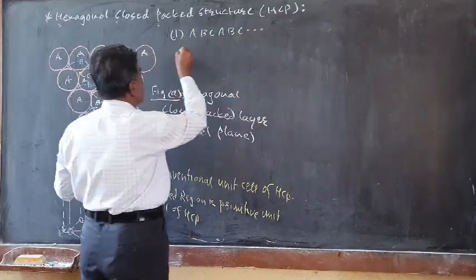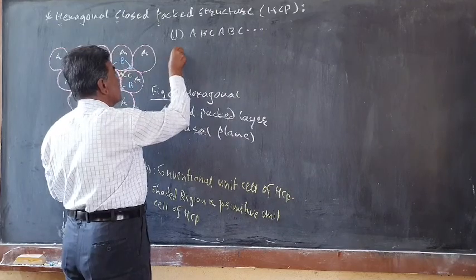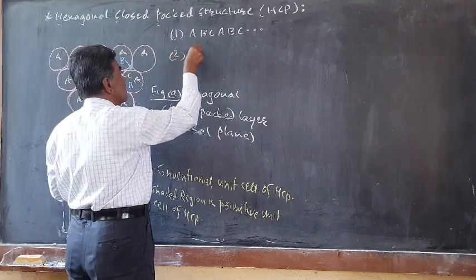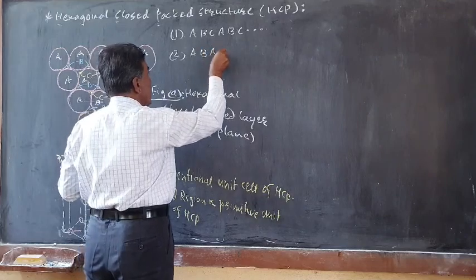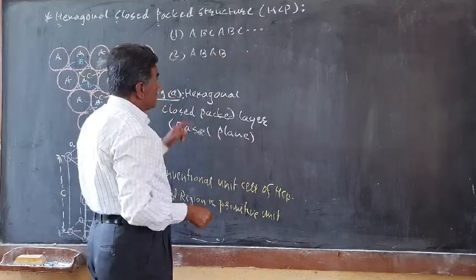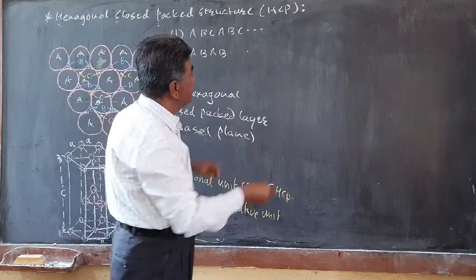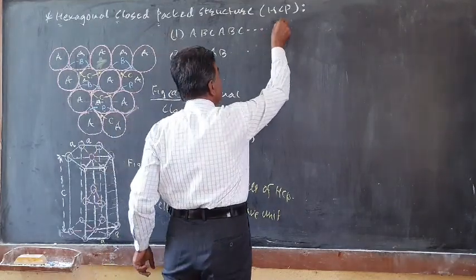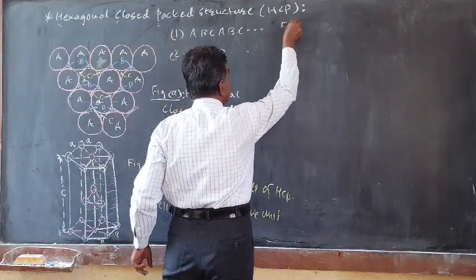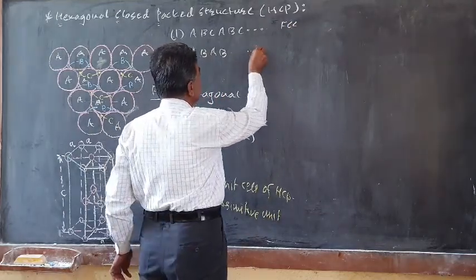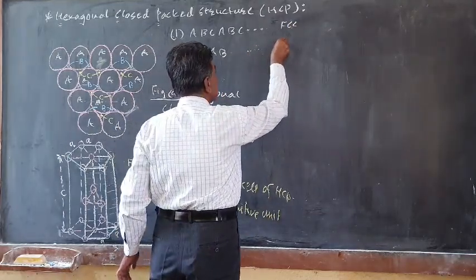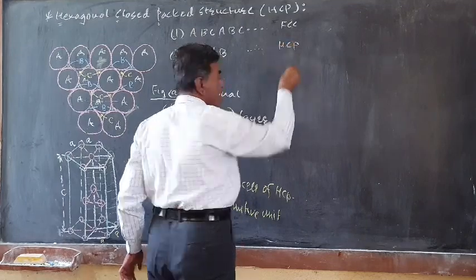The other possibility is the arrangement A then B, then A then B, and so on. If the arrangement is ABC, then the structure formed is known as the FCC structure, face centered cubic structure. While if the arrangement is like this, then it is called the hexagonal close packed structure.